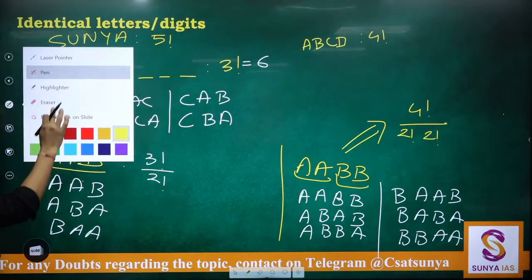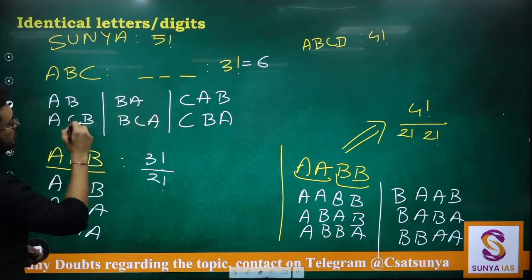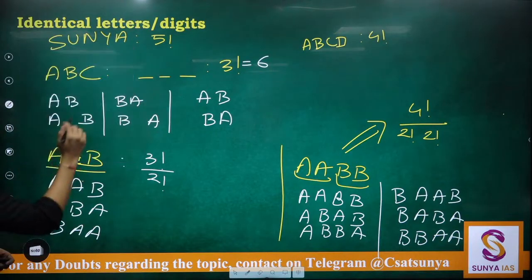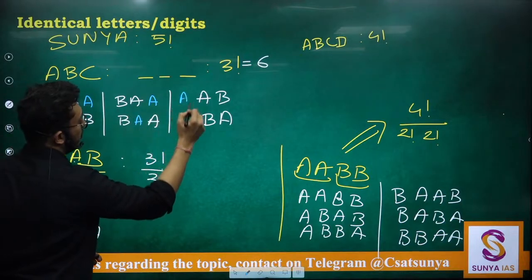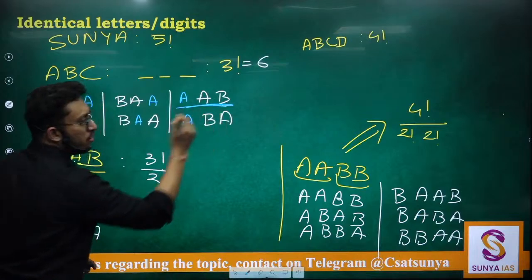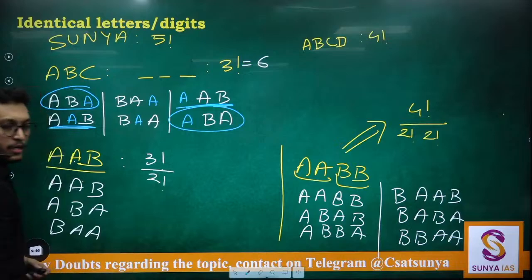If I just replace this C here with A, I am just replacing C everywhere with A. I replaced C with A. ठीक है. अब tell me यहाँ पर do you see some identical? क्या क्या identical है? This is identical to this. ABA, ABA. These are identical.